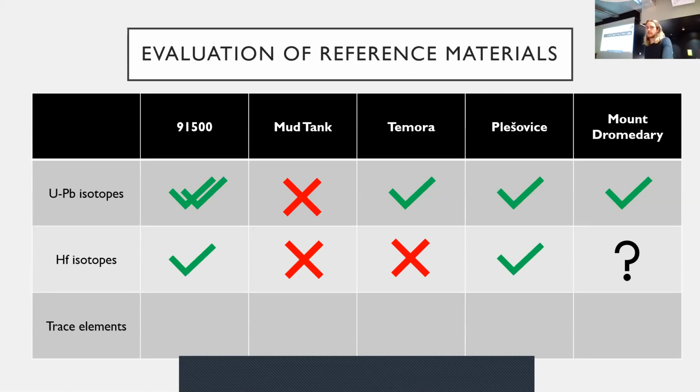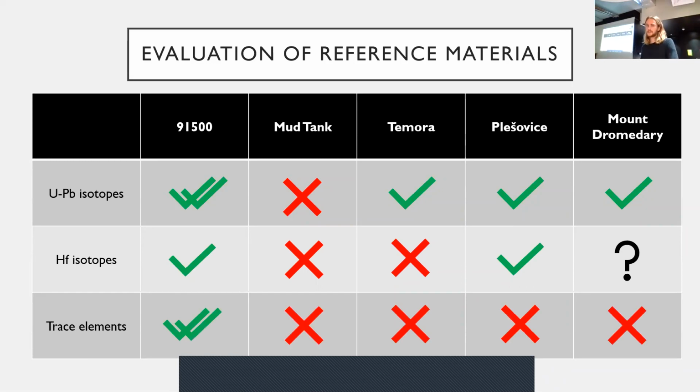Hafnium isotopes, Plešovice was probably the best one for that, although 91500 again is fine as long as you're using the laser-derived accepted value. Mud Tank and Temora weren't within error, so I can't recommend them. And Mount Dromedary, again, that's new, so probably need a bit more testing on that before we recommend it.